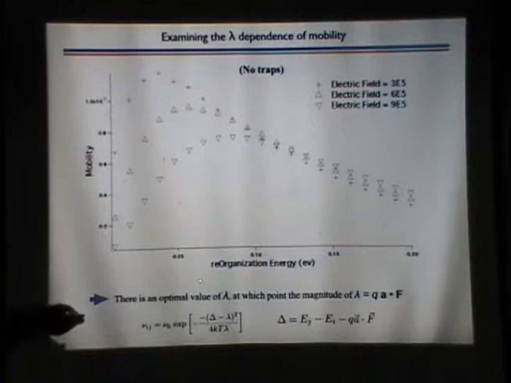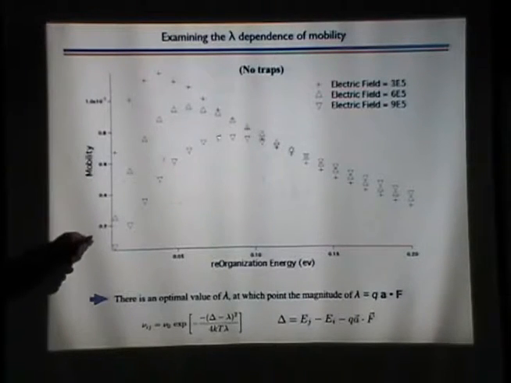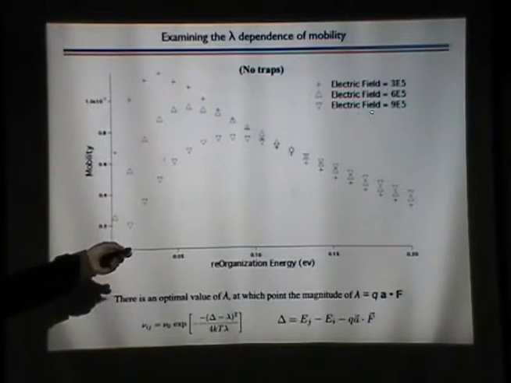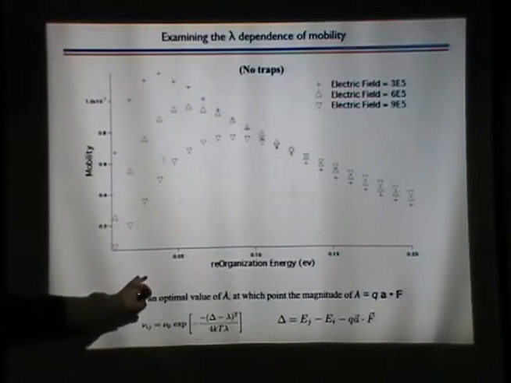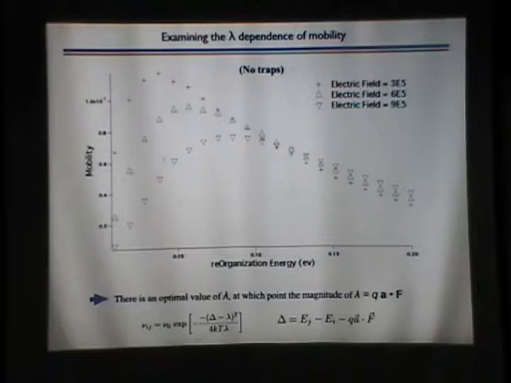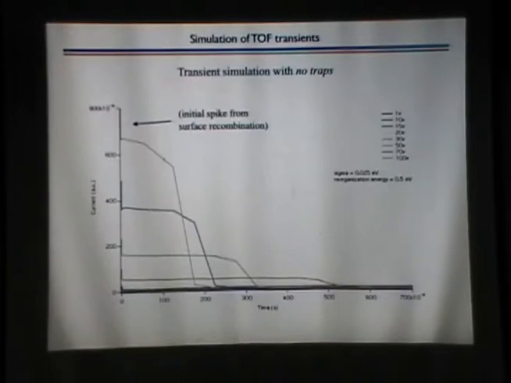So for a field strength of 9 to the 5th, the best mobility is at a lambda of 0.07, and so on. This is a bit of a surprise, but it means that you actually don't want 0 reorganization energy, you want something non-zero. So some lessons to be learned there.